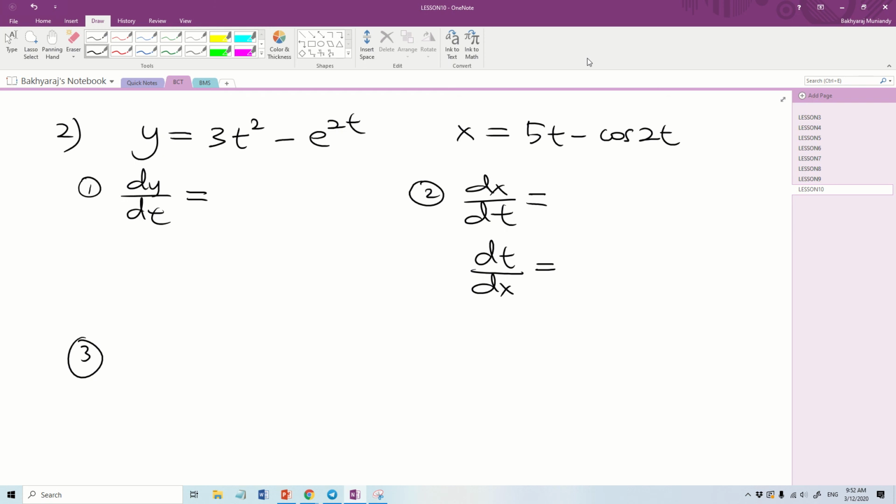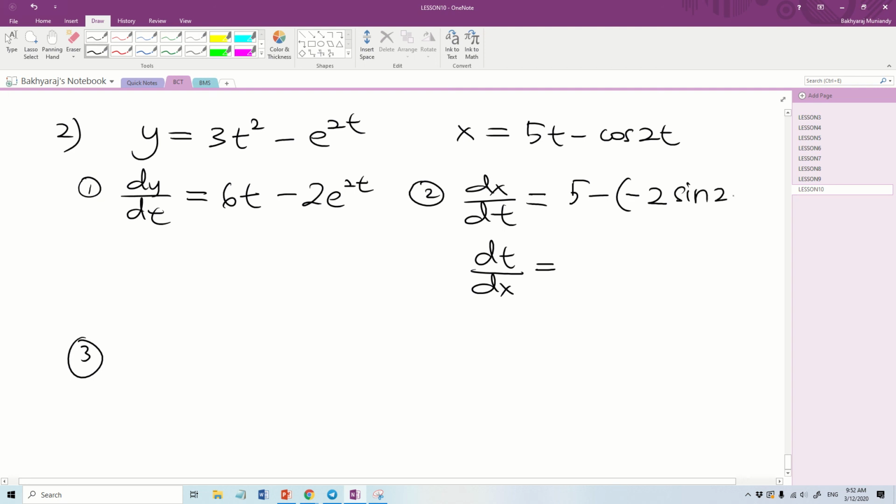dy/dt will give you 6t minus 2 exponent 2t. The other side you get 5 minus, minus 2 sine 2t, yeah, correct.